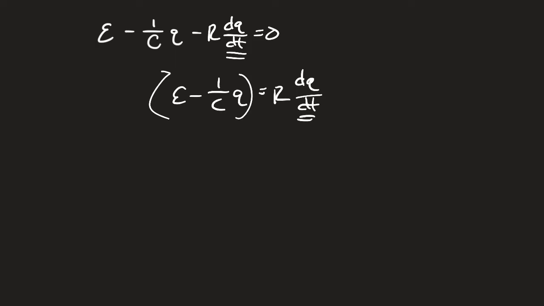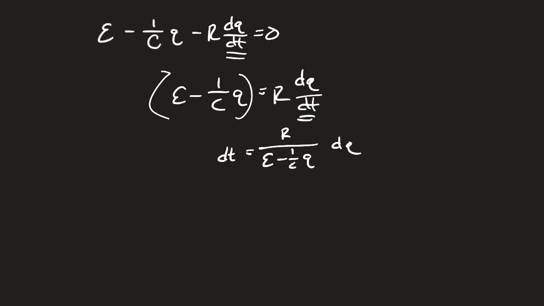So it's not a whole lot, but basically we're going to have dt on the left side by multiplying both sides of our equation by dt, and have R over E minus 1 over CQ dq. Now this looks like a mess, and the truth is it is a mess. But our goal was to get everything with q in it on the same side as dq, and everything with t in it on the same side as dt. And we've successfully done that.